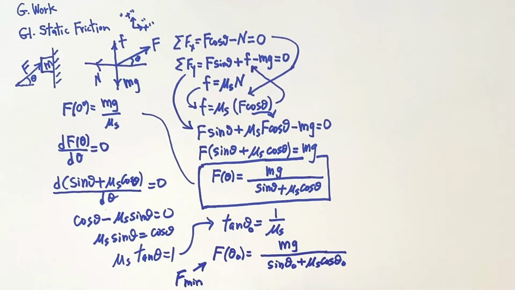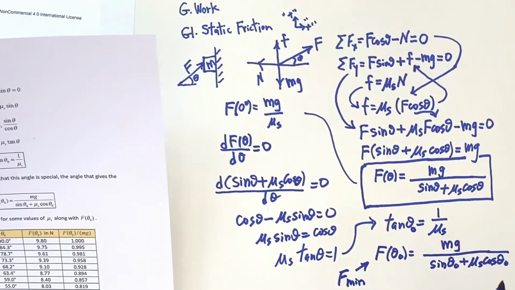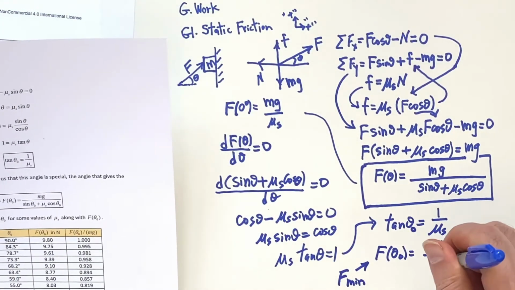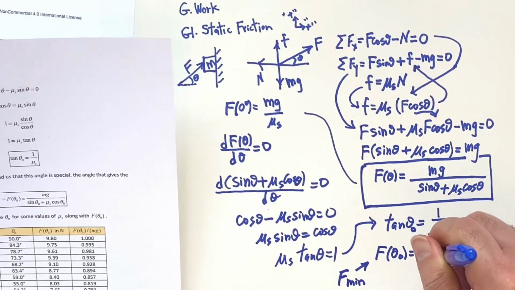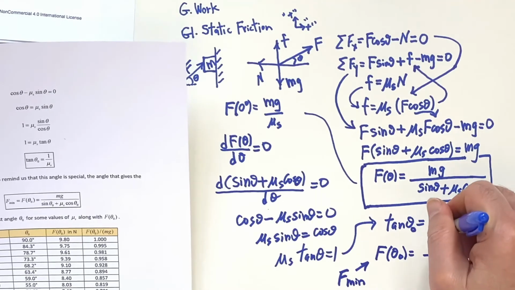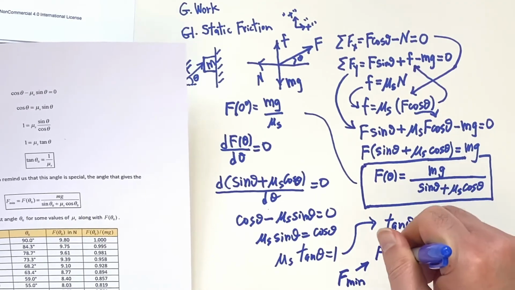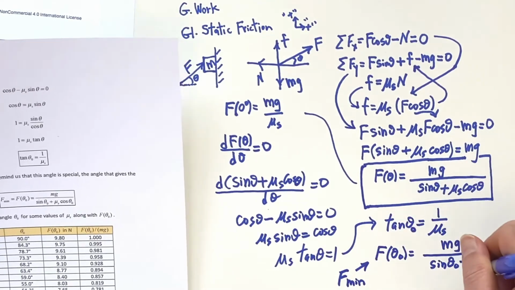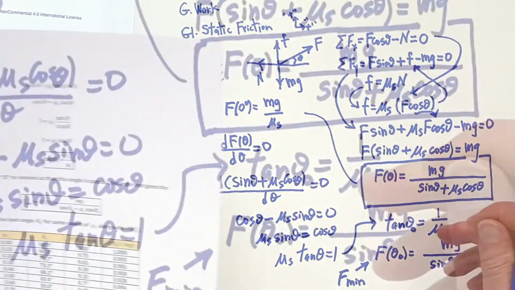So what I did at this point is I made a table of these, the condition for the minimum case. So I just simply found the arc tangents and put in for the force equation here whatever angle I found.